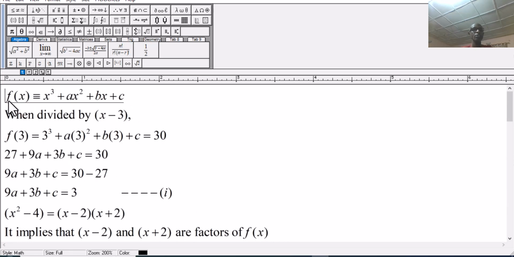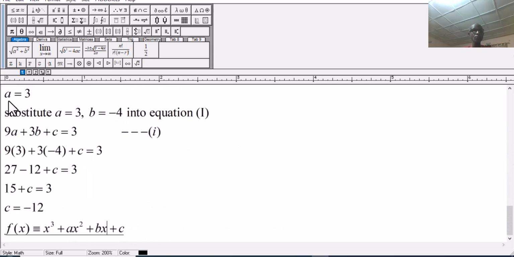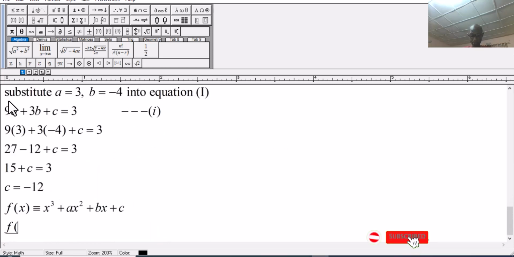Our f of x is this. So my f of x now is equals to x cubed plus our a, we've gotten our a to be 3, that will be 3x squared, our b is minus 4x, plus our c is minus 12. So this is the polynomial that we are looking for.